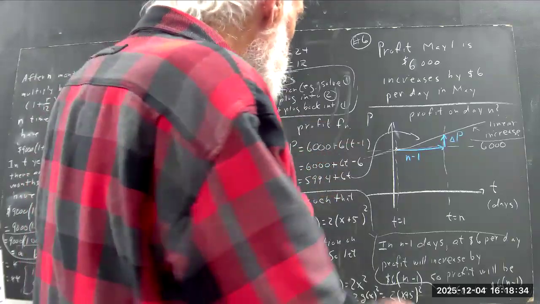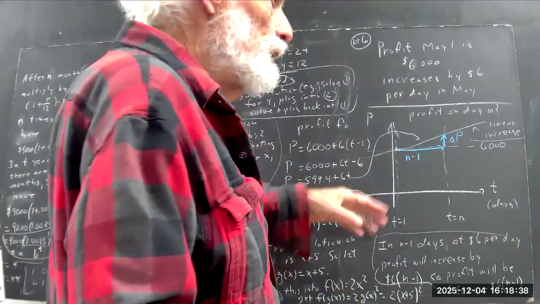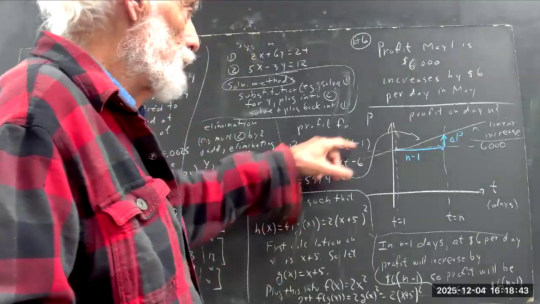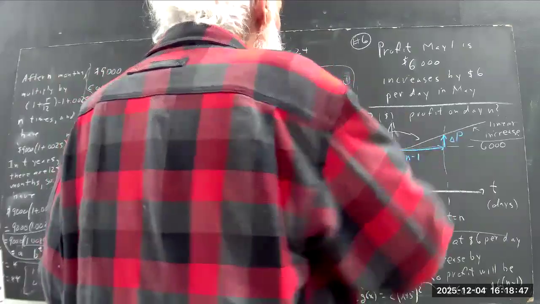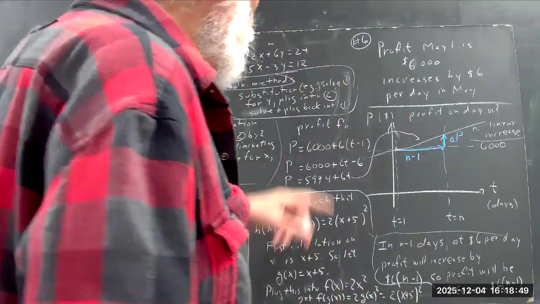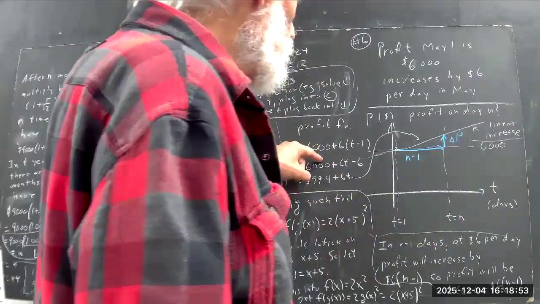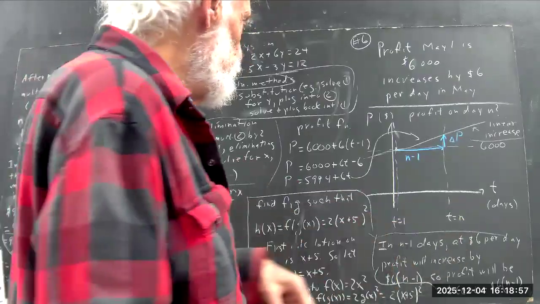Okay, so now our profit function is 6,000 plus 6 times t minus 1. Notice I left the dollar sign off here, don't want to confuse the issue, but we understand that p is in dollars. So maybe we put a dollar sign here. Then this line represents our profit as a function of time.